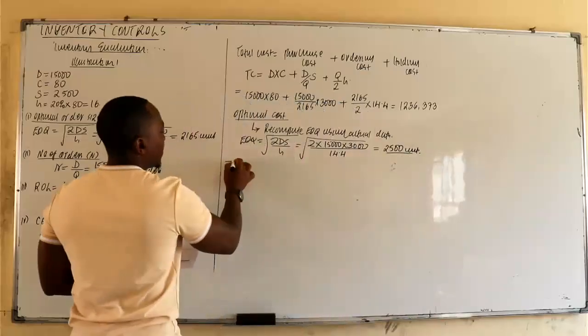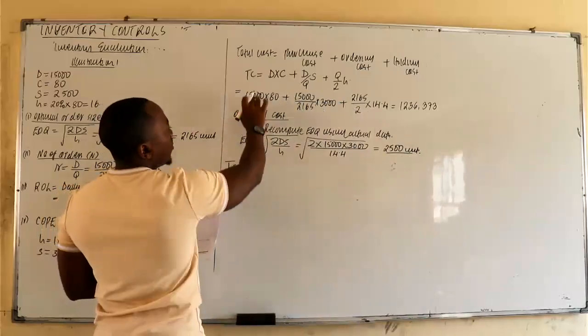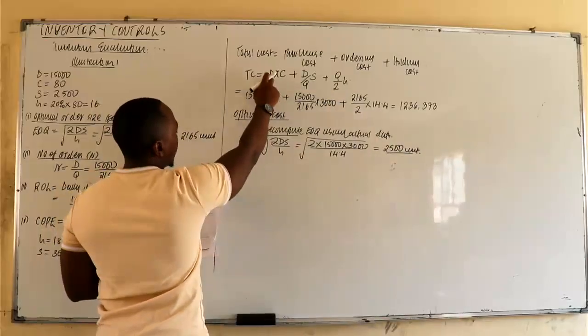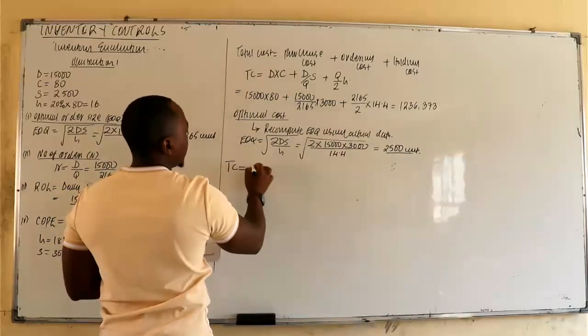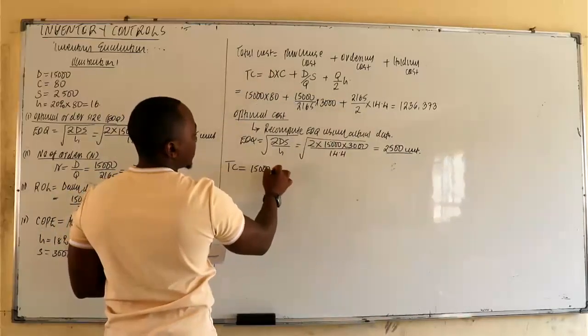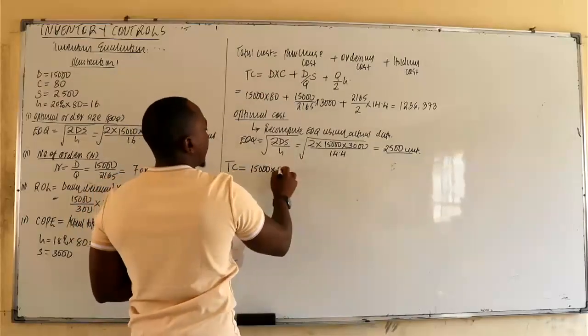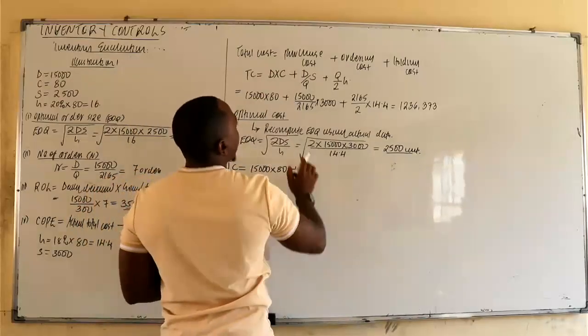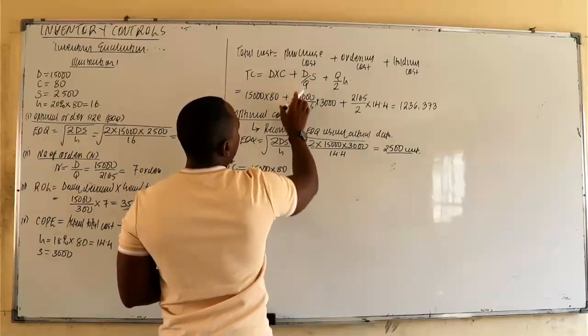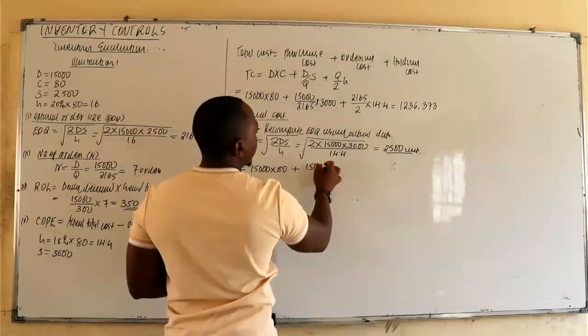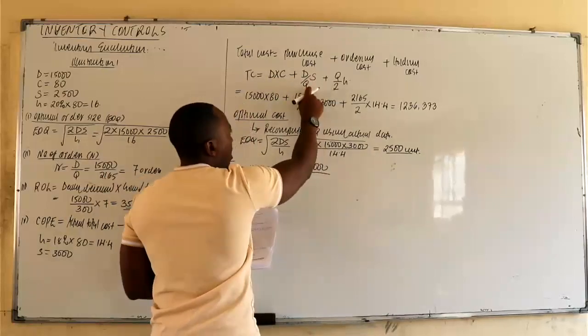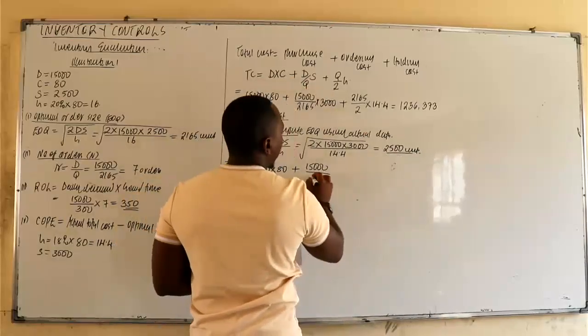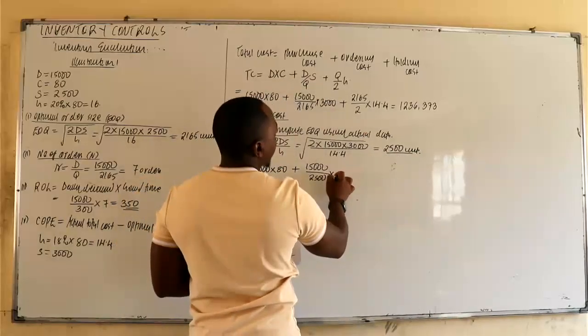So we get the total cost. The formula is the same. Formula does not change. So the annual demand, which is 15,000, each at the cost of 80. Our Q has changed now. Our Q is 2,500.